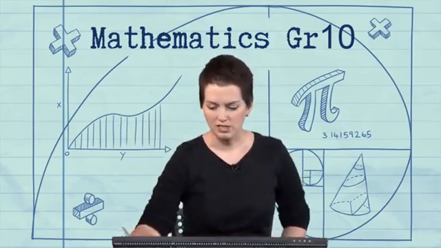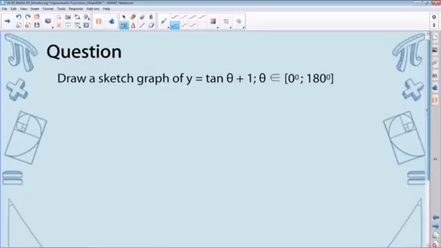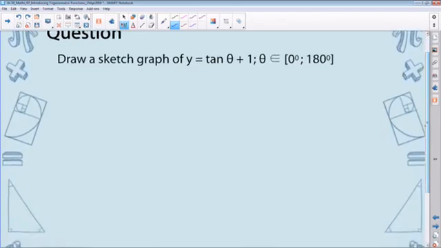So our question says, draw a sketch graph of y equals tan theta plus 1, and it's asked for only the domain between 0 and 180 degrees.